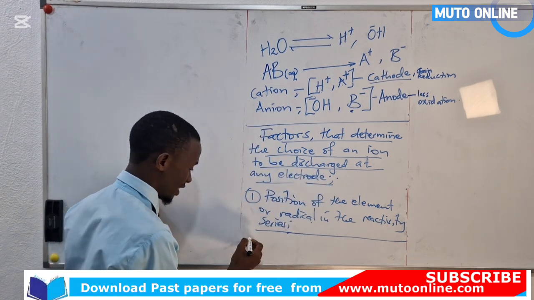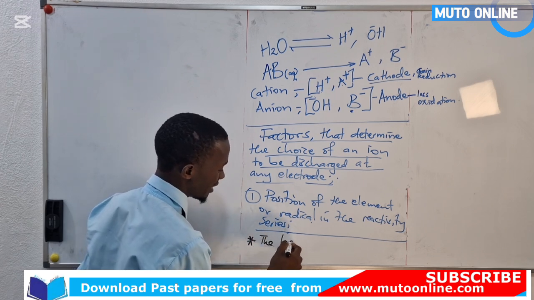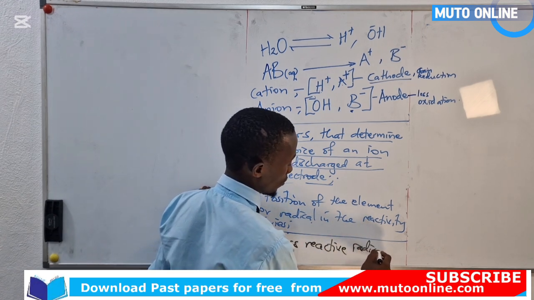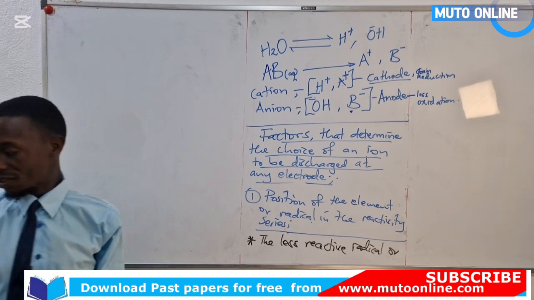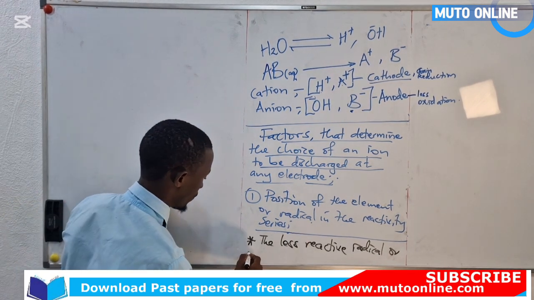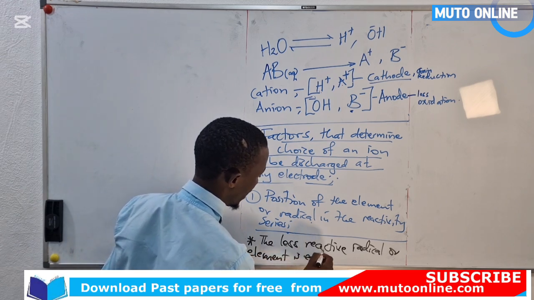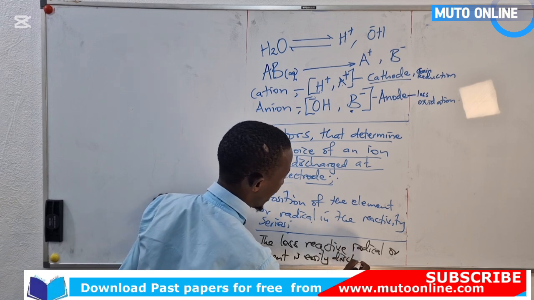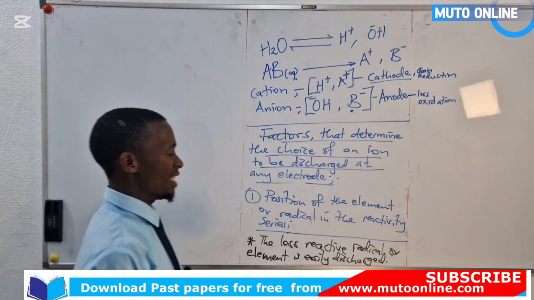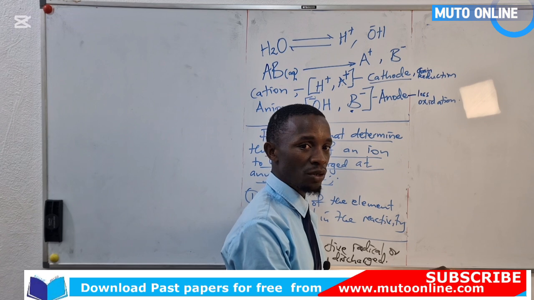To note it, we say that the less reactive radical or element is easily discharged. And we remember that in the reactivity series, the one that is less reactive is the one that is below the other.